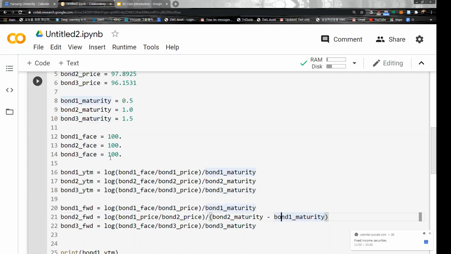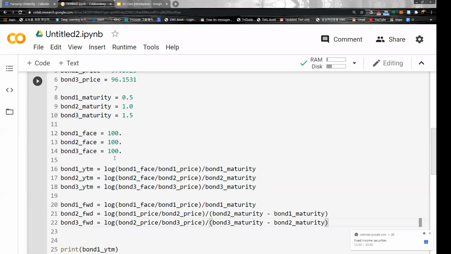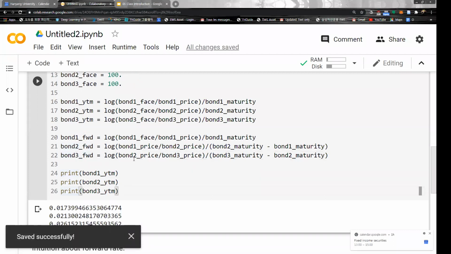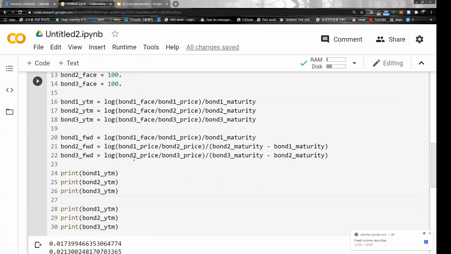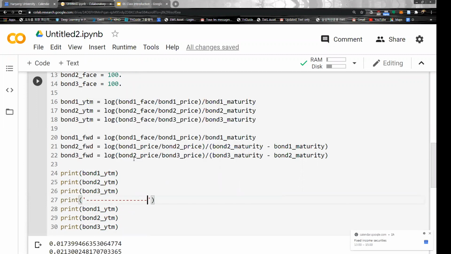And then we have bond two price and bond three price, and bond three maturity minus bond two maturity. Okay, let me save. And then let's print. And here, let me distinguish between them. Okay, and then forward.